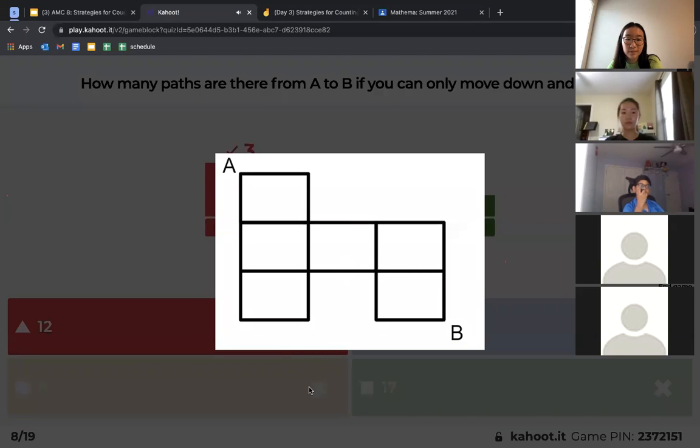Okay, so let's do this the correct way instead of guessing. So there's one way there, and then I'm just gonna draw all the ones. 3 plus 1 is 4.